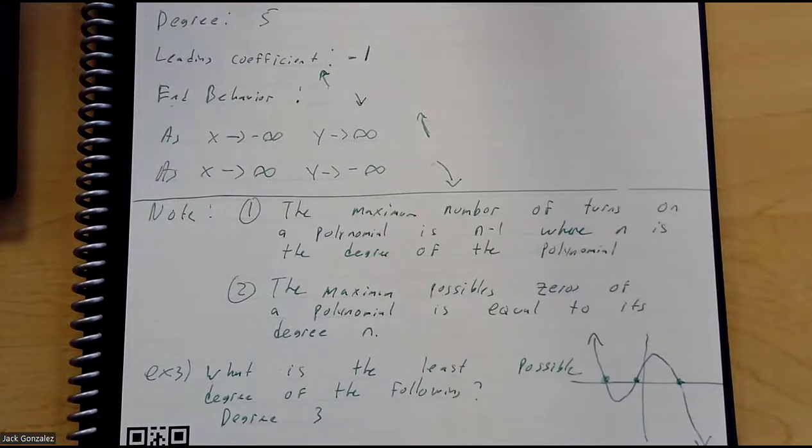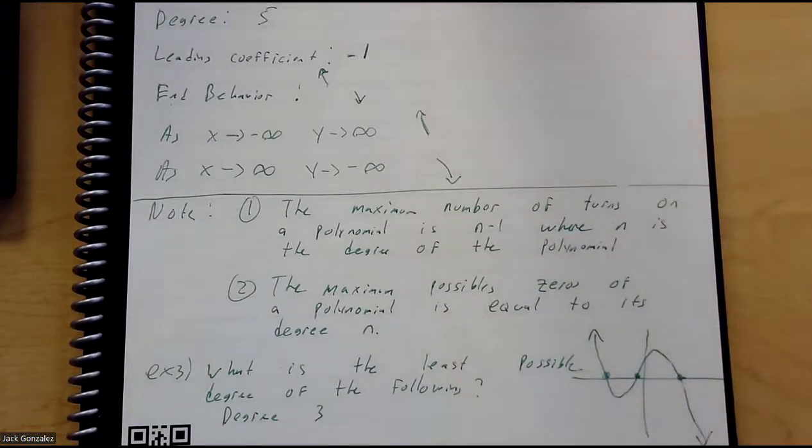The one last topic for this section, then we'll move on to something else. It's multiplicity. So you guys, any questions on degree, leading coefficients, or end behavior? That's straightforward? That makes sense? Okay.